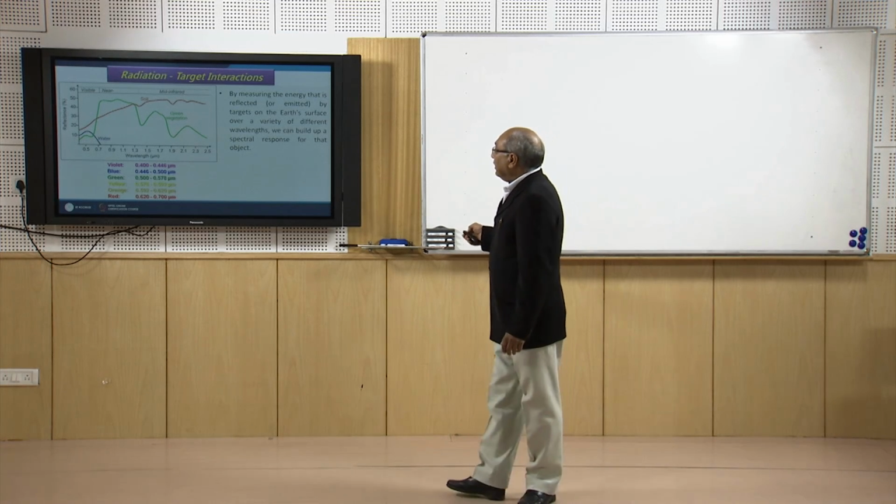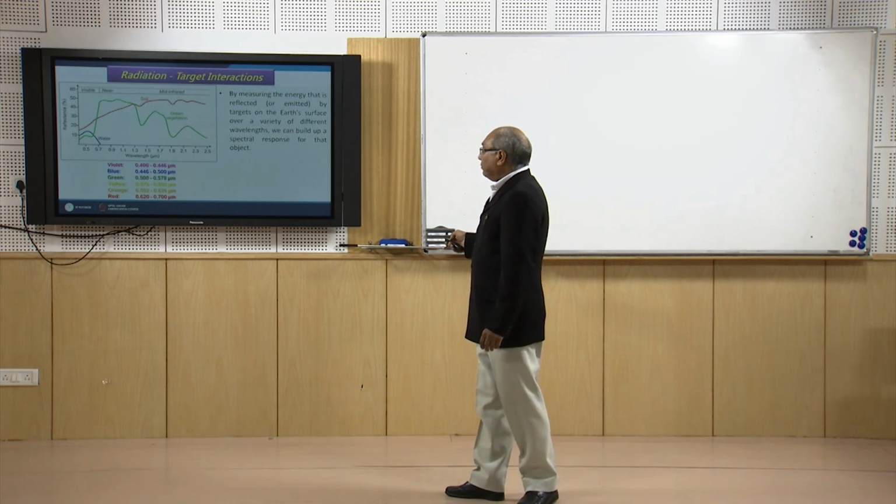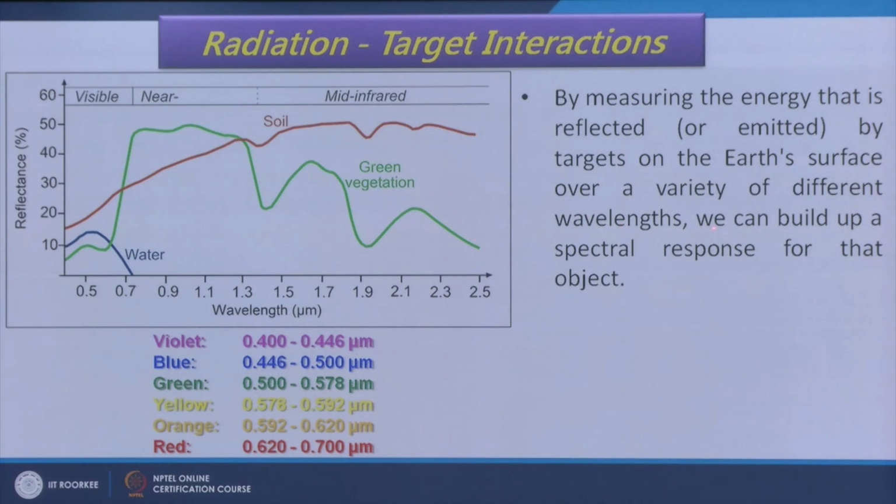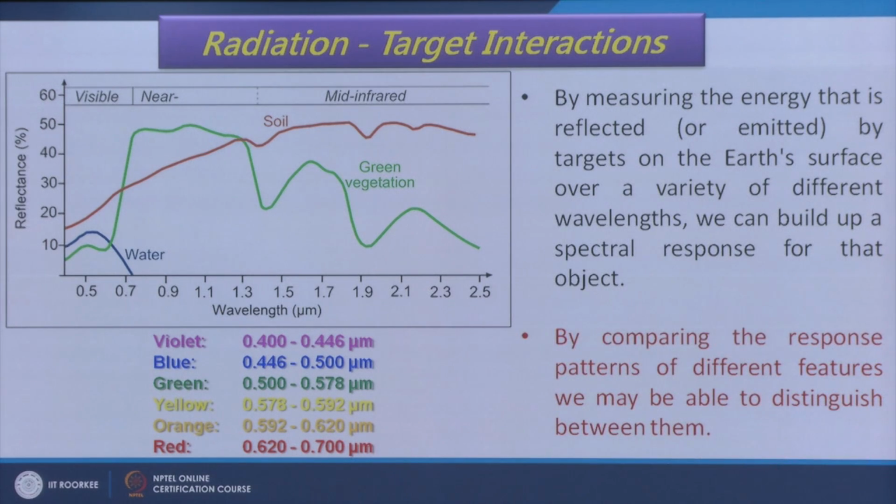So by measuring the energy that is reflected or emitted by the targets on the earth's surface over a variety of different wavelengths, we can build up a spectral response for that object. These are the standard generalized spectral curves of three different types of earth objects which you are seeing here.